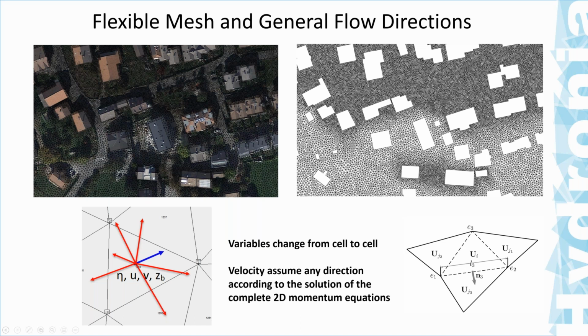Maybe many of you are acquainted with this, but this is probably one of the most unique capabilities of this model, because working in flexible mesh allows the model to resolve irregular geometry or irregular obstacles that you have typically in any area of application, urban area or even natural areas. That's what you have in nature.